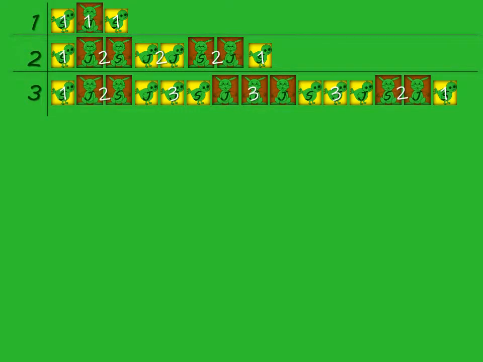So we've identified a pattern to follow for working out the least number of moves, which we could identify using our Cuisenaire rods like this.